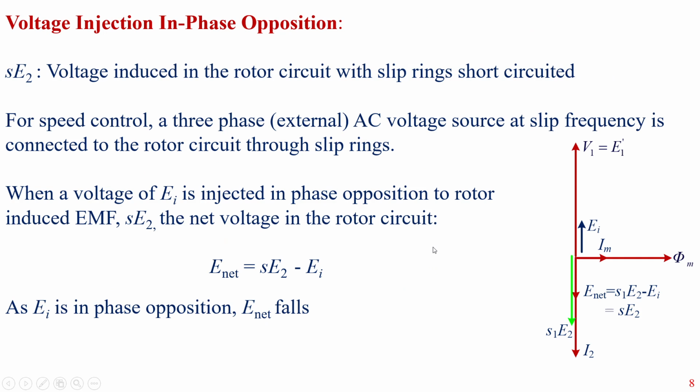Let us discuss the voltage injection in phase opposition. SE2 is the voltage induced in the rotor circuit with slip rings short circuited.